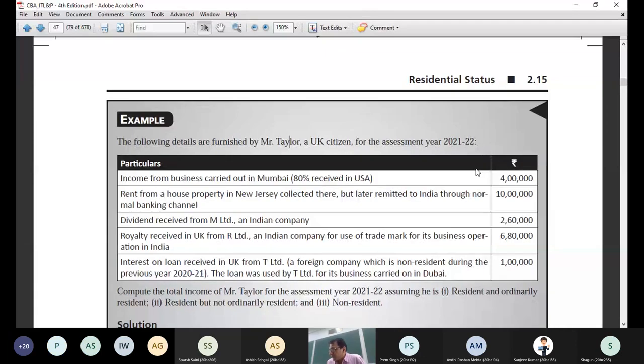Is the screen visible? Yes, sir. Please take this screenshot. Please take this screenshot of this example, and then we will discuss it.